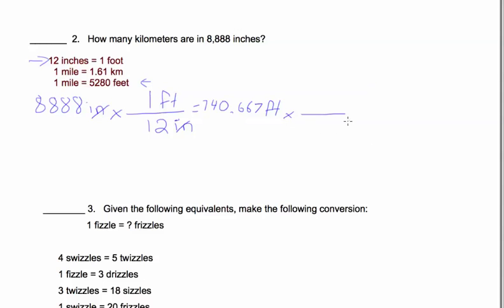We want feet to cancel out, so we have to have feet on the bottom here. Equals 1 mile. So we do the math. And even if we're rounding on paper, we don't have to change the number in our calculator.